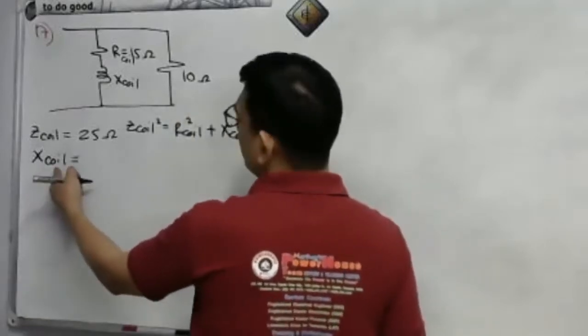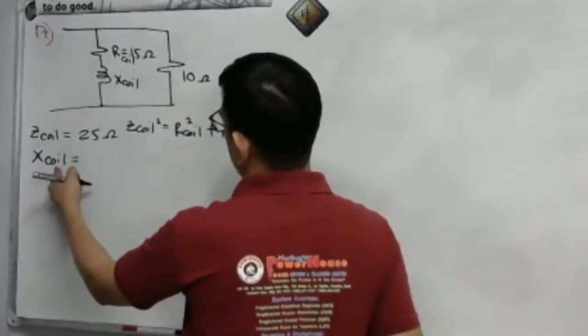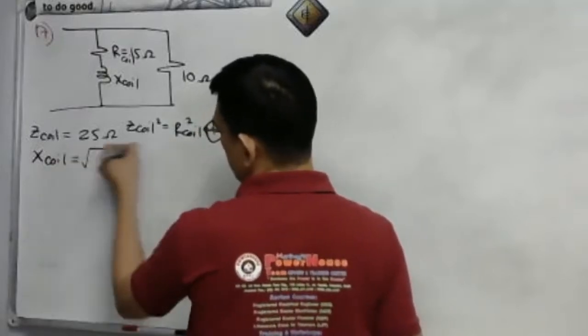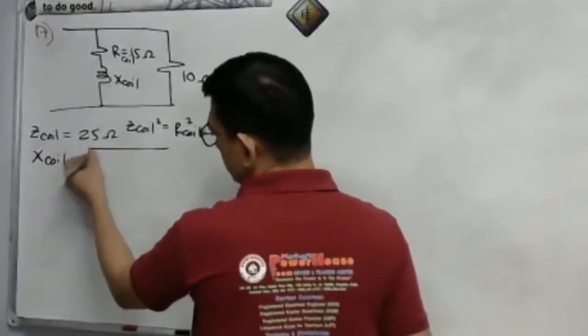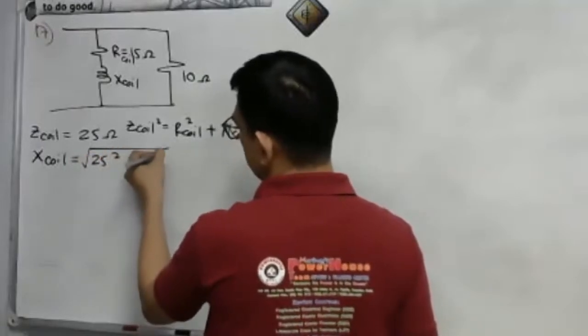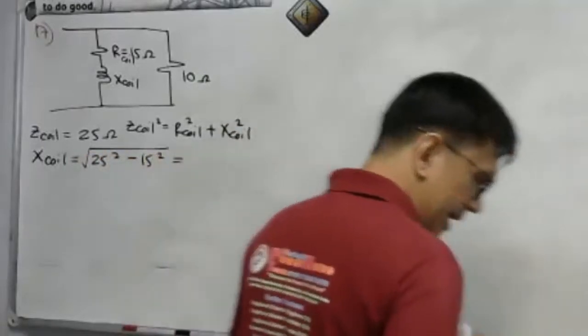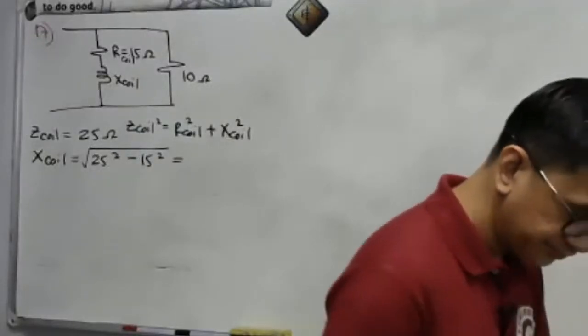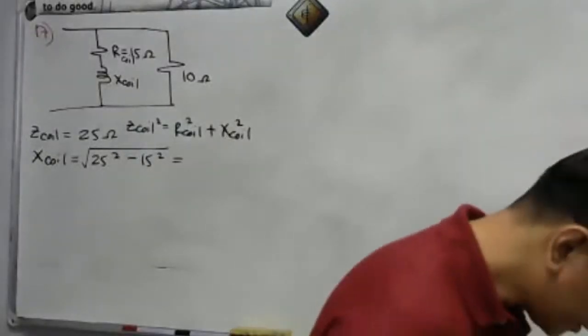So X of the coil is the square root of Z of the coil, which is 25, squared, minus 15 squared. So what is X of the coil?